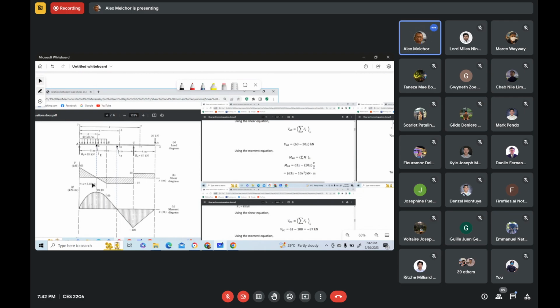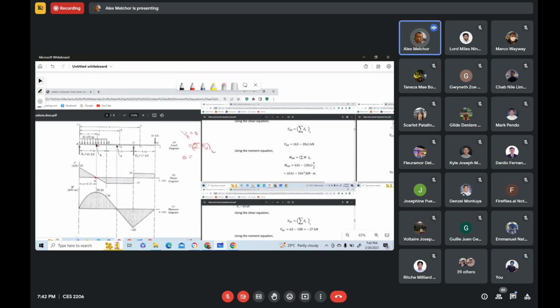Okay, or another way is we use the shear equation. The shear at E is equal to 0. So at that section E, the shear is 0. So this is equal to summation of forces vertical, considering the left portion of the section.